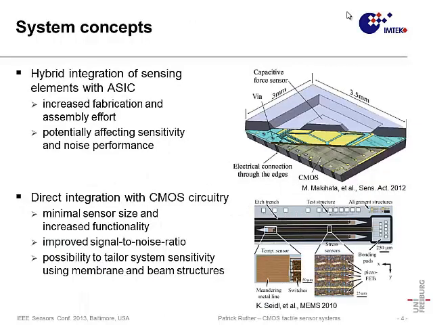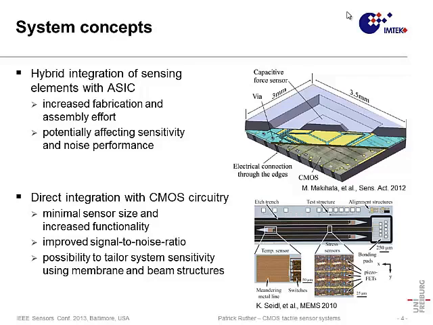Now, if you look at these systems, and in particular the system concepts, we can distinguish the hybrid integration of circuitry, and again an example that we have seen on Monday in our plenary session by the group of Isashi, where we have the CMOS circuitry combined with a dedicated sensing element, mainly in this case a deflectable membrane.